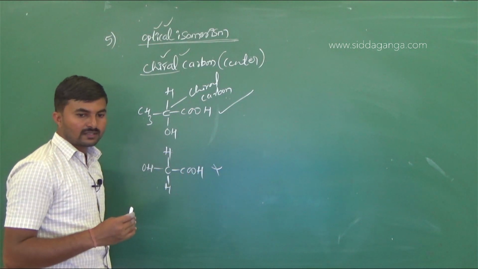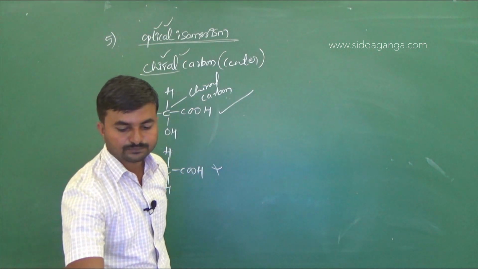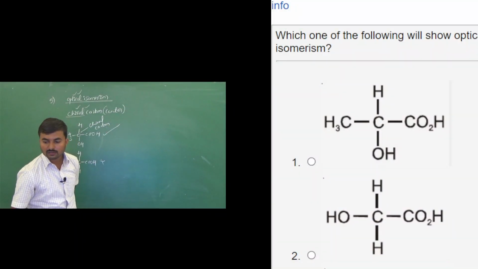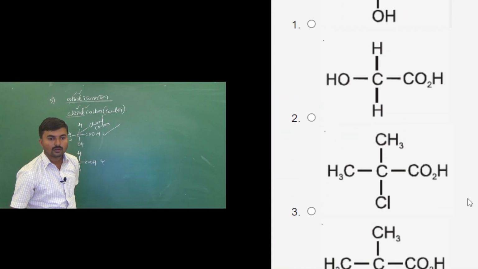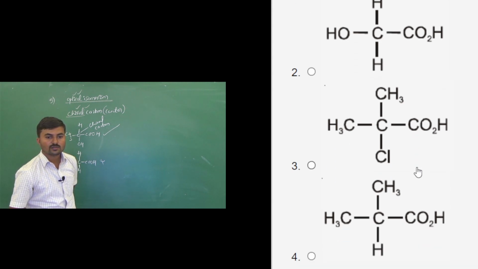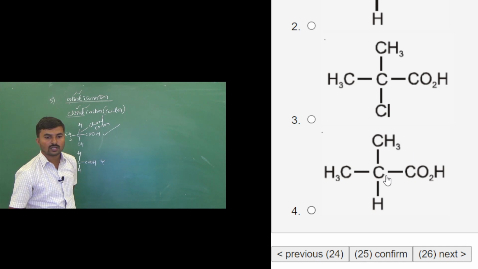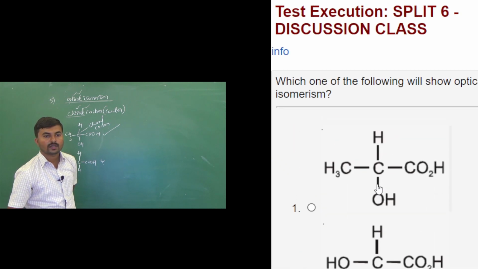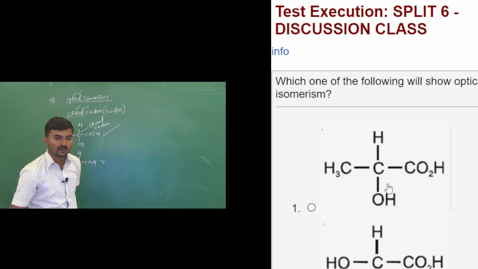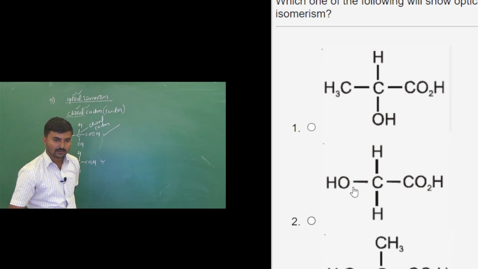And in the third structure also, two similar CH3 groups are present, so that also does not exhibit optical isomerism. The last one also has two methyl groups, so this also does not exhibit optical isomerism. So the correct option for this question is the first option, which has an asymmetric center.